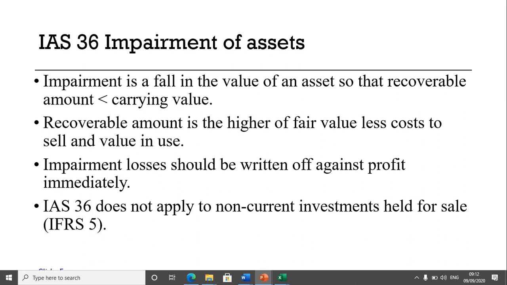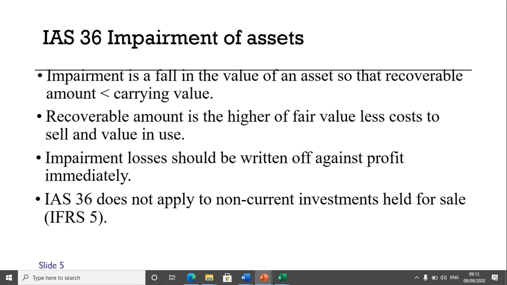These key terms must be appreciated. Impairment losses should be written off against profits immediately once established. Of course, IAS 36 does not apply to non-current investments held for sale because those fall under IFRS 5.